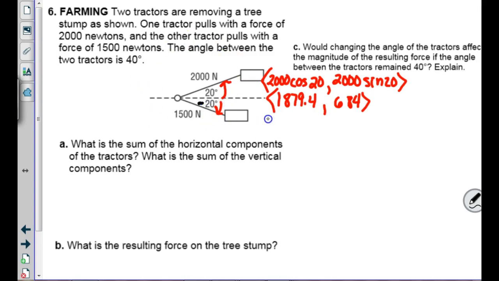So for this tractor, we're doing 1500 cosine of negative 20 and 1500 sine of negative 20.